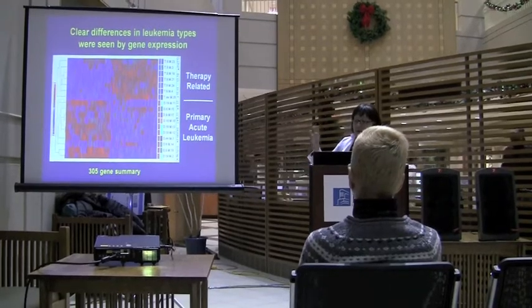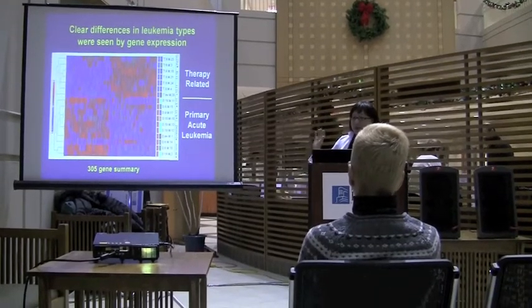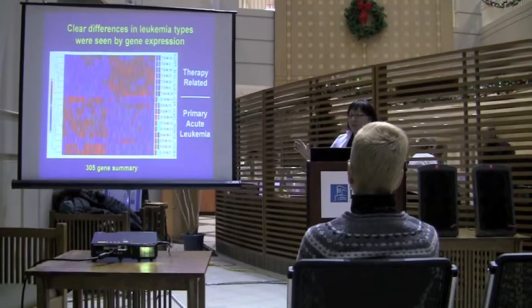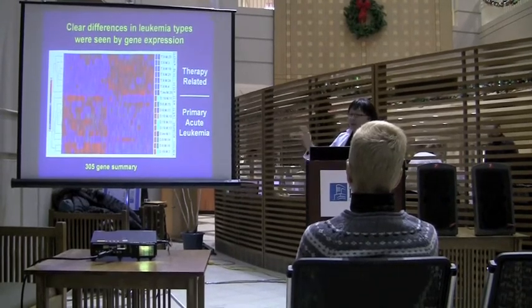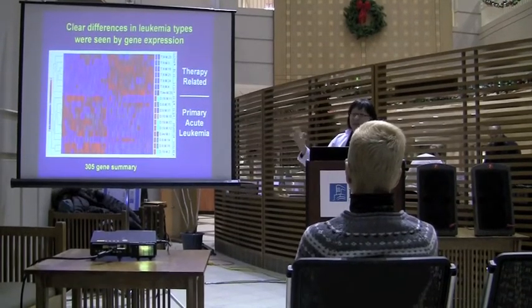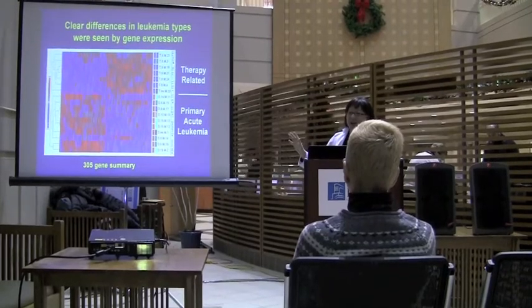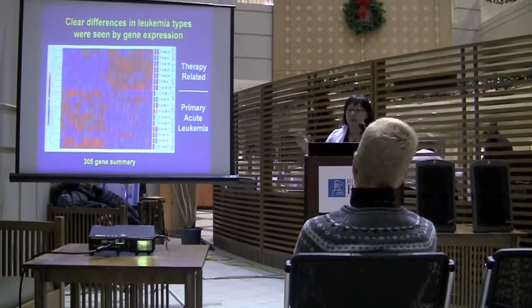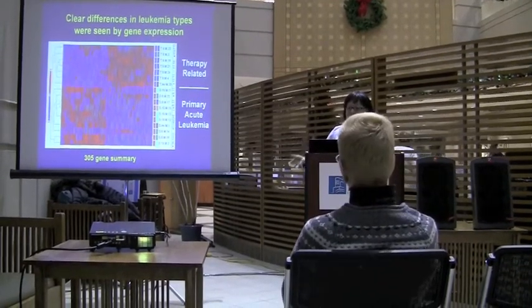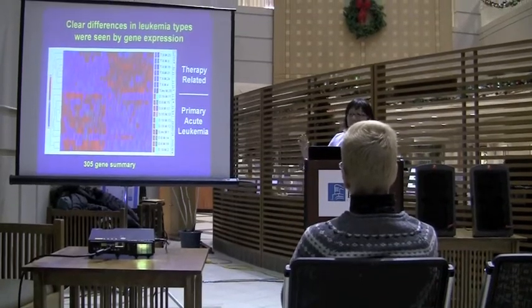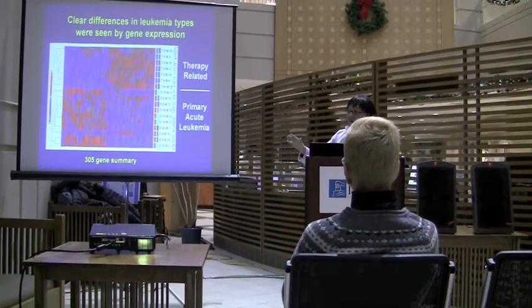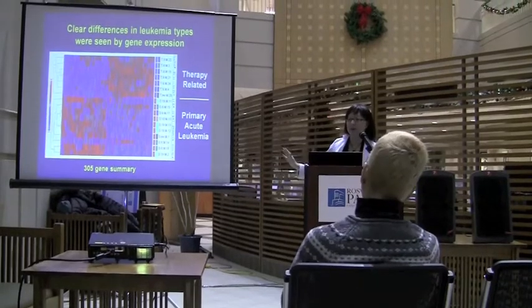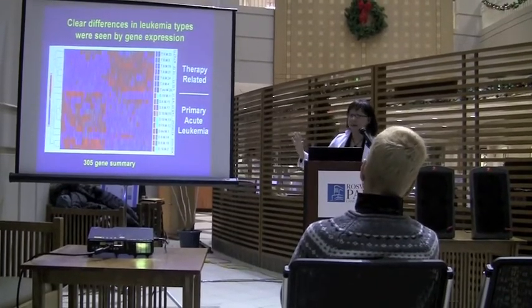The red and the blue represent different expression of different genes. In this situation, we have 305 genes that are summarized by this red and blue kind of mess here. You can see that when you look at these 305 genes, if you group all the samples from patients who had a therapy-related leukemia and those who had leukemia with no other prior risk factors, you can see clear patterns.